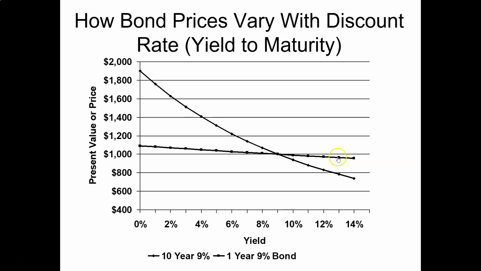It is slightly lower than the face value of this 1-year bond. So in short words, if the maturity of a bond is long, then the interest rate will have a larger effect over the market price of the bond.